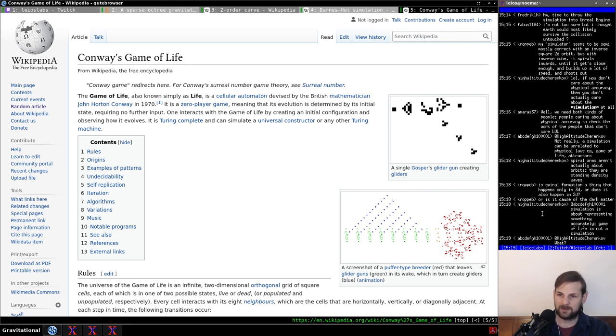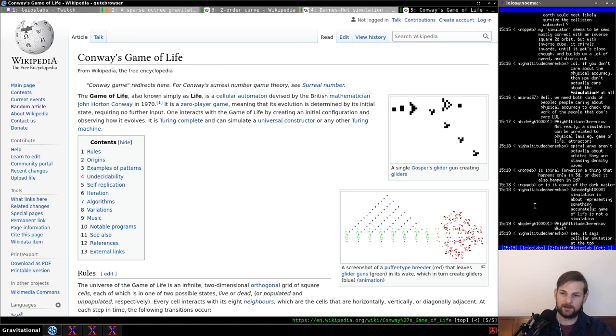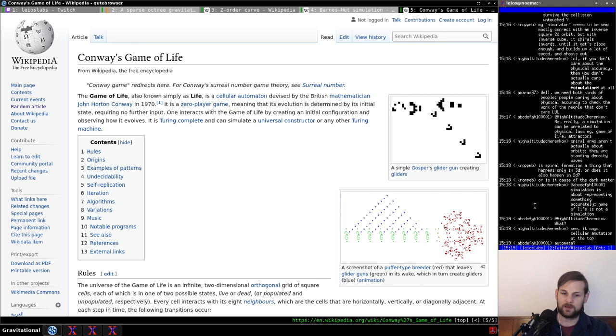Is spiral formation a thing that happens in 3D, or does it happen in 2D? Or is it because of the dark matter? From what I've read, it is the dark matter. You can get a spiraliness in both 3D and 2D, but the dark matter allows it to be, in a sense, more stable. You get what's known as a bar instability if you don't have the dark matter in there.